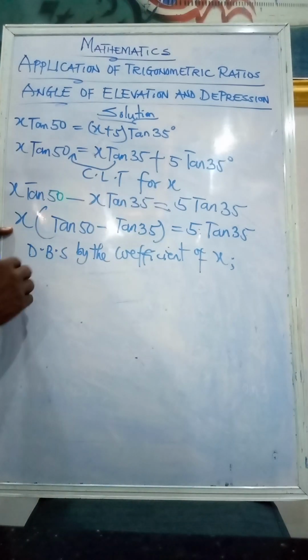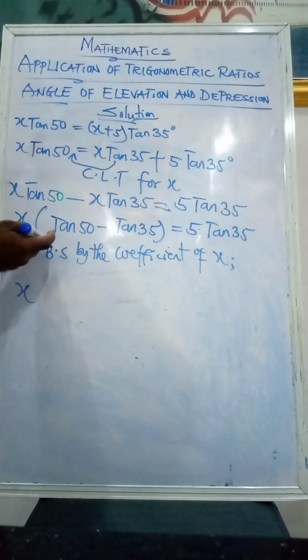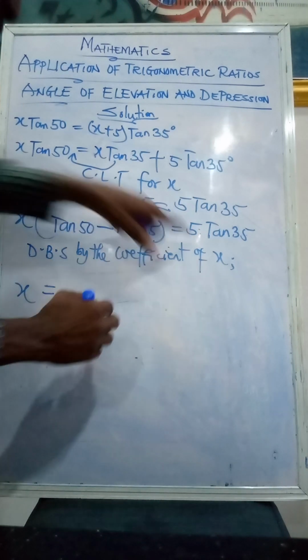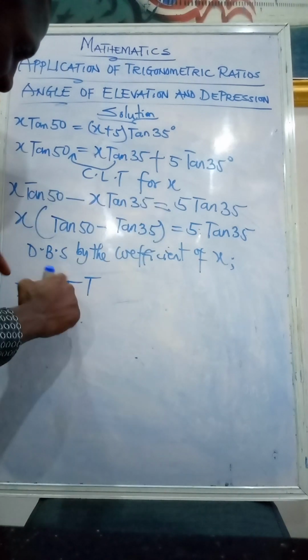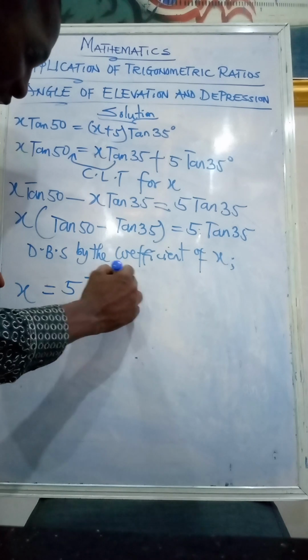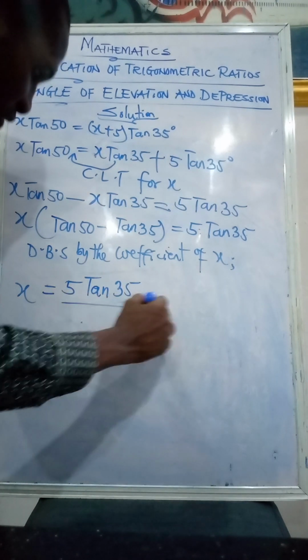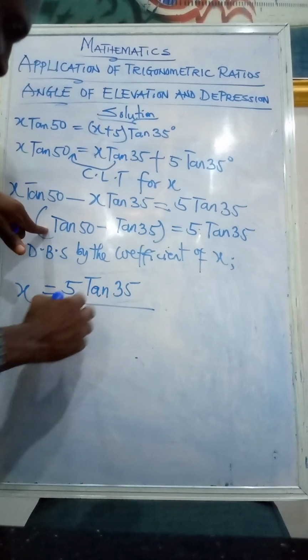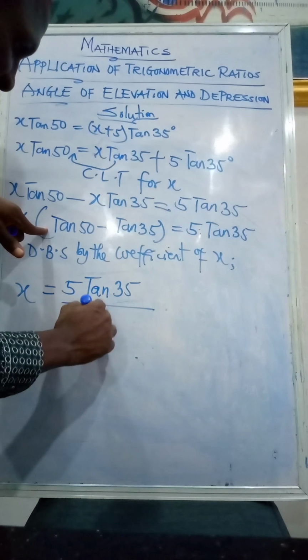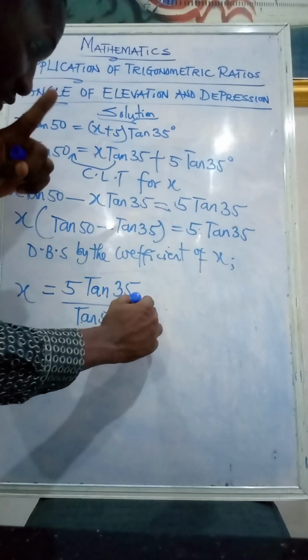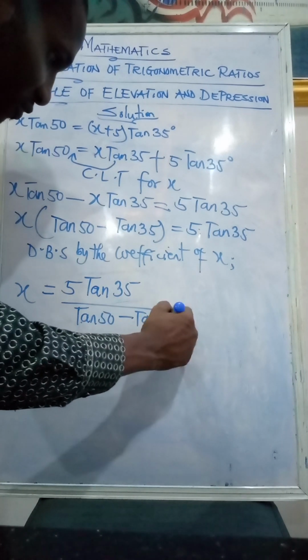I'll be left with X. This side is cancelled. It equals, I'll write 5 tan 35, then divided by the coefficient of X, which is tan 50 minus tan 35.